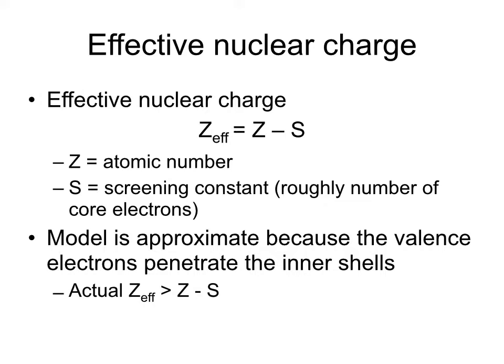That screening constant, at least for the smaller elements, is typically equal to the number of core electrons. So if we have sodium, it has 11 as its atomic number and 10 core electrons. It has 11 electrons, but 10 of them are core and one is a valence. So 11 minus 10 gives you an effective nuclear charge of +1.